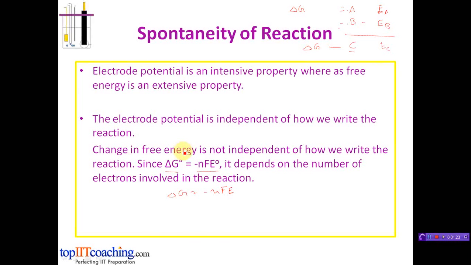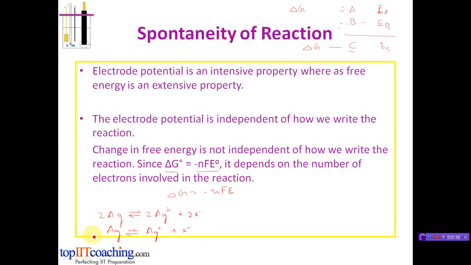Another point to keep in mind is that the electrode potential is independent of how we write the reaction. For example, 2Ag will form 2 silver ions plus 2 electrons, or Ag will give Ag plus plus electron.